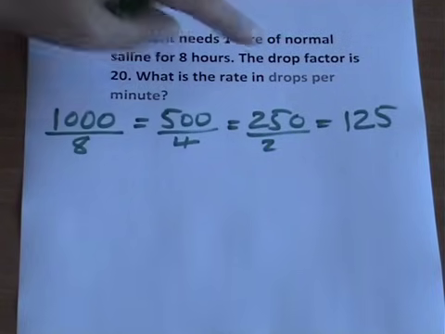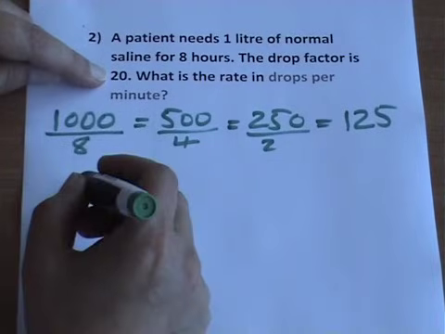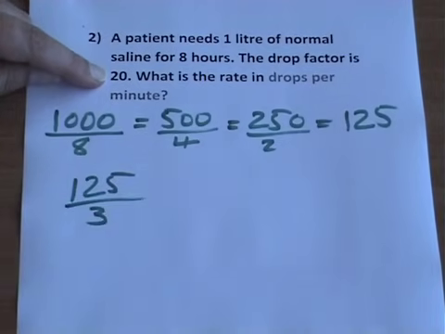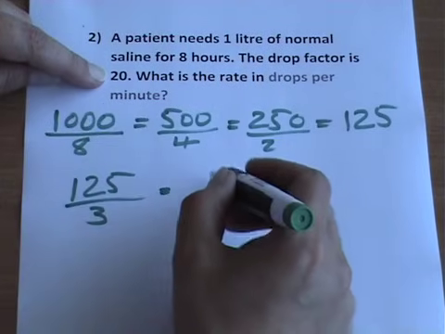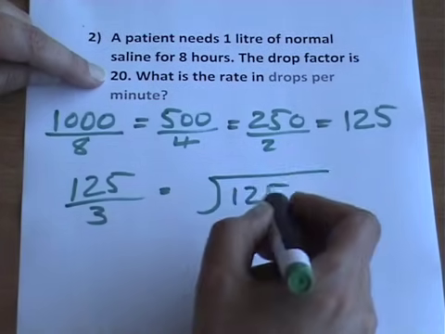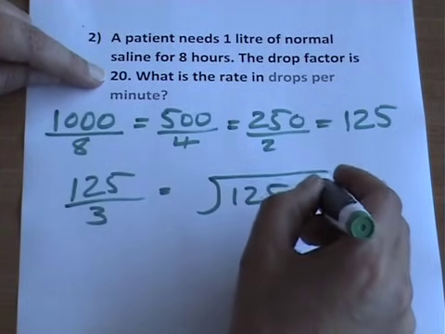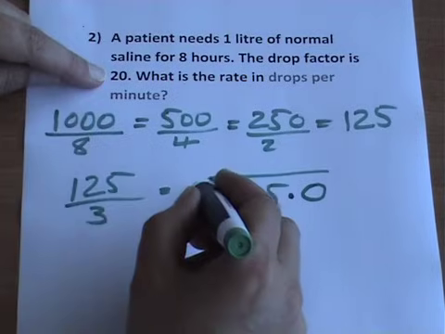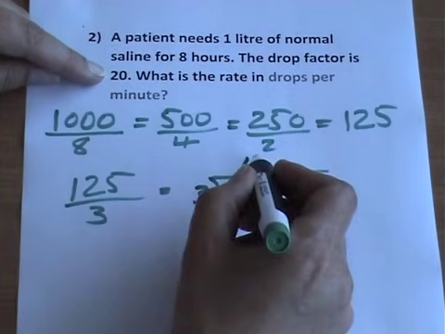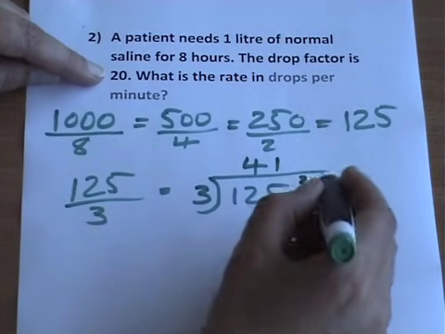And now, because our drop factor is 20, if you remember, this means we need to take the mils per hour answer and divide it by 3. And this we can lay out like this. I suspect I'm going to have a remainder, and so then I place a decimal point and a naught to deal with this, and dividing by 3. 3's into 12 goes 4, 3's into 5 goes once, with a remainder of 2.